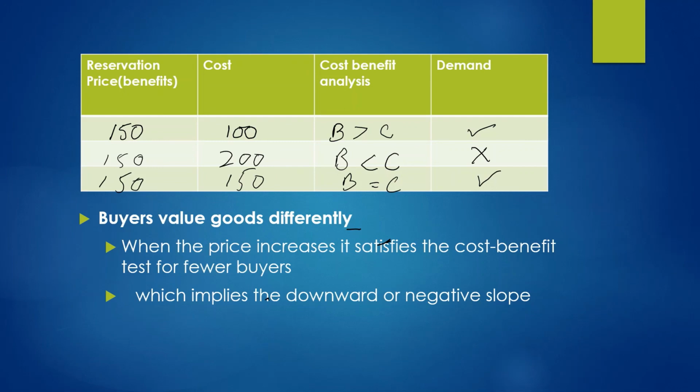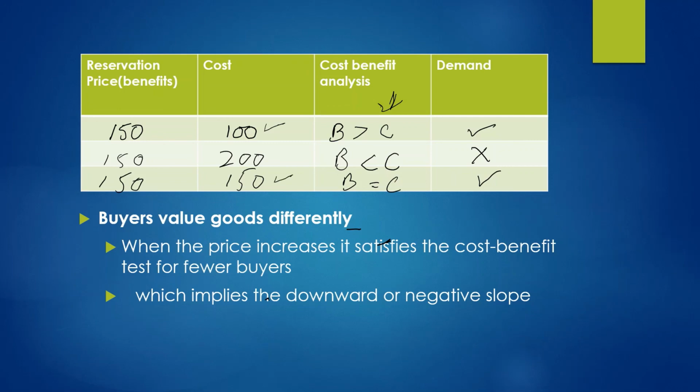So what you have learned here, if you just look at this table, then you can see that the cost benefit principle is satisfied for you when the price of the mobile is 100 and when the price of the mobile is 150.